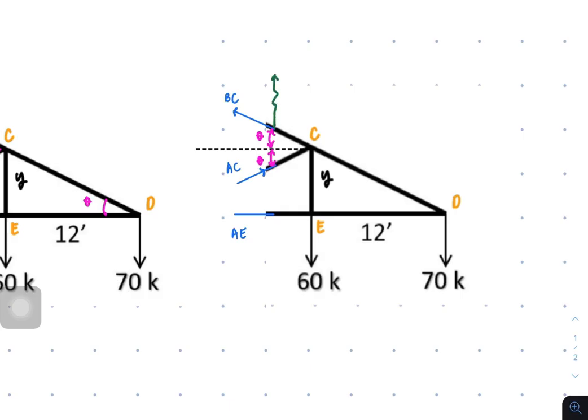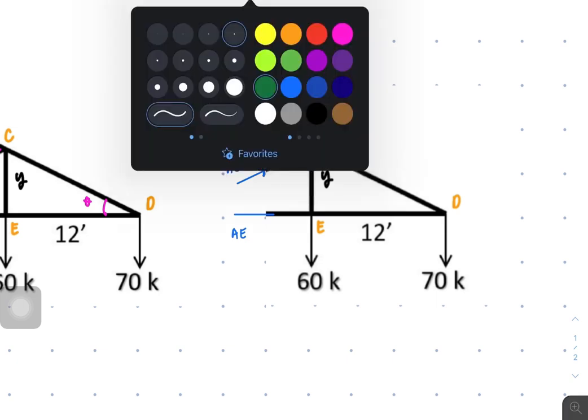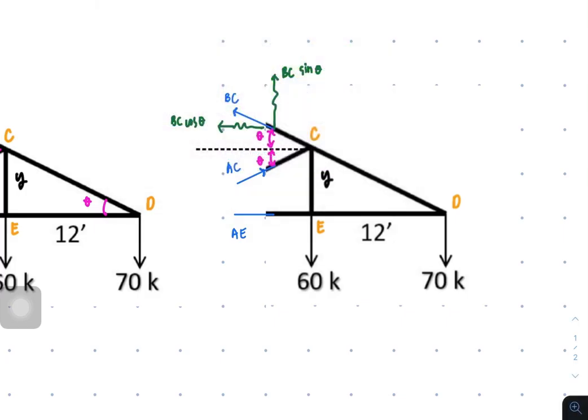So this is BC sine of theta, and this is BC cosine of theta. And for AC we have AC sine of theta, and then this is AC cosine of theta.